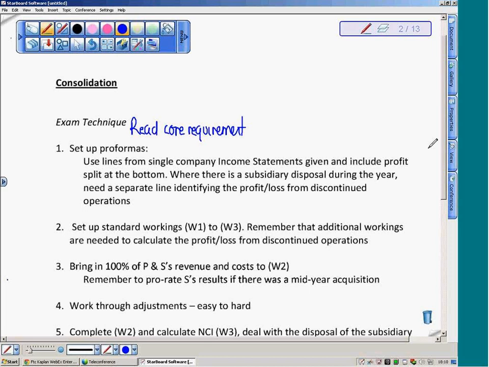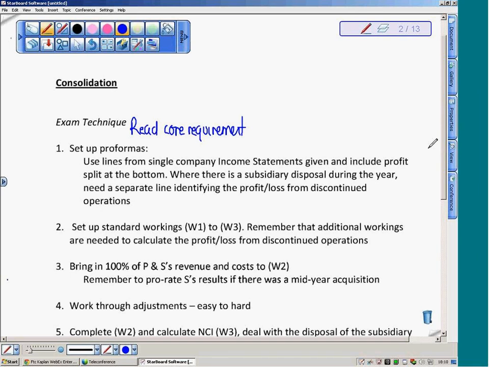Okay, presentation marks are often available in FAR. You can see up to about 1.5 marks for presentation. So you want to make sure that you're setting up your pro forma, draw your income statement with your respective lines, and you have your discontinued operation line as well, okay?